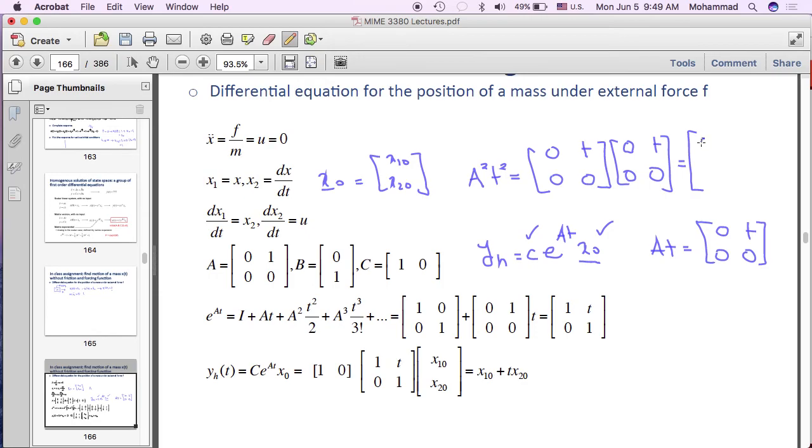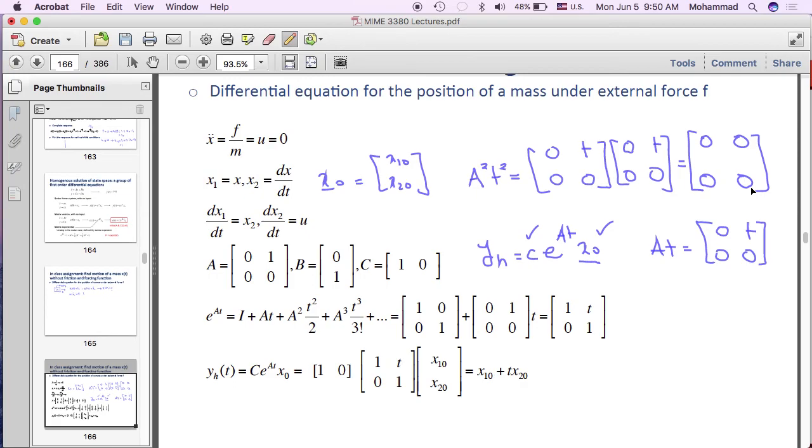The answer is 0. Row 1, column 2: you take this row and multiply it by this column. So 0 gets multiplied by T, and T gets multiplied by 0. So the answer is 0. Row 2 is 0, 0, easy, and again easy. So this tells you that power 2 of the matrix is 0. What is power 3 of the matrix?